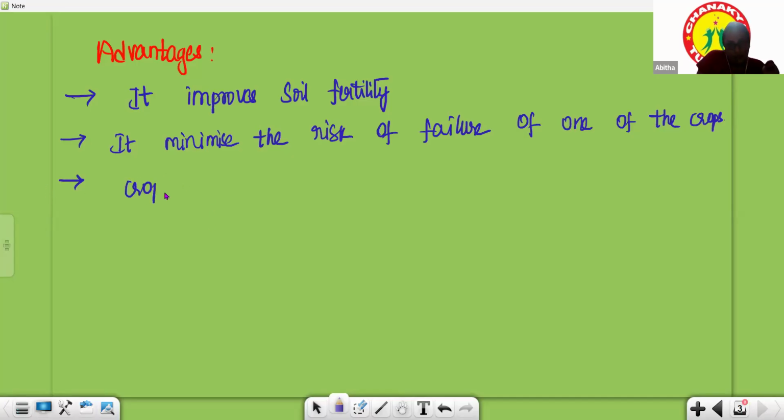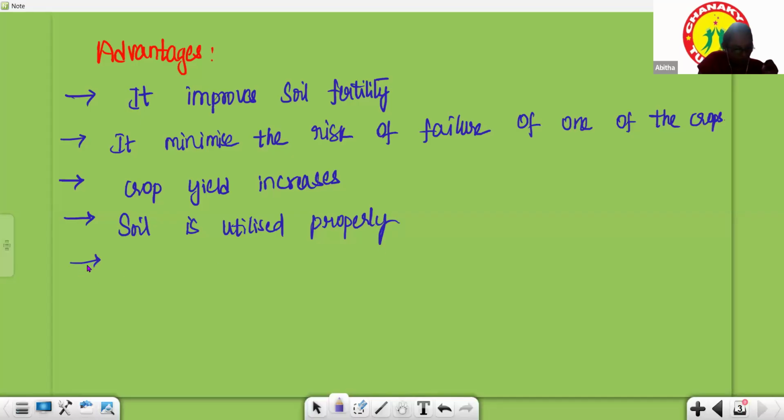So we can write: crop yield increases. Next, soil is utilized properly. And more than one variety of crops you can get at the time of harvesting.